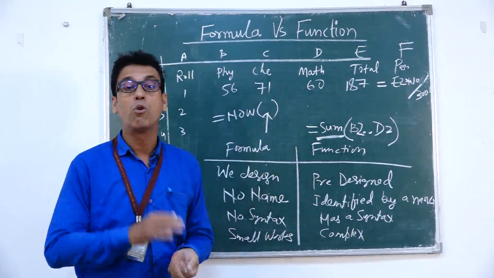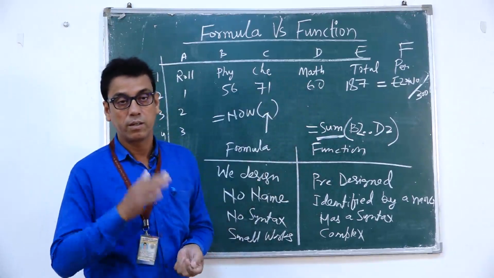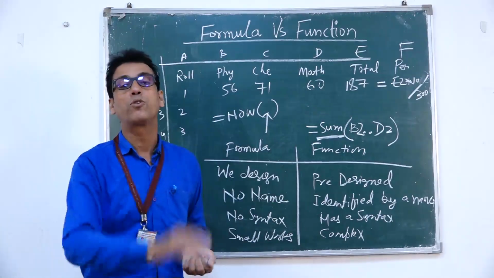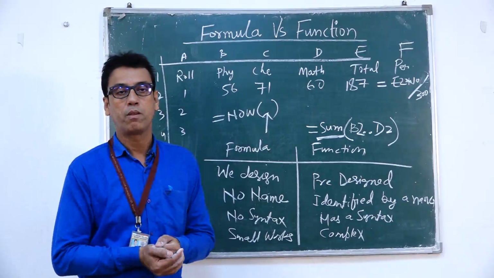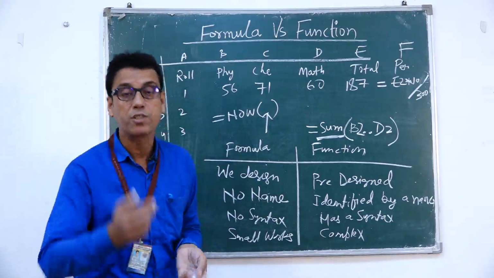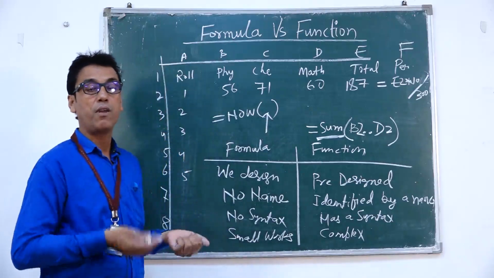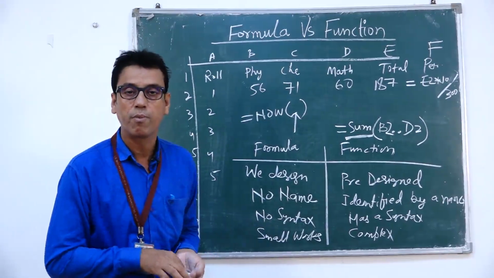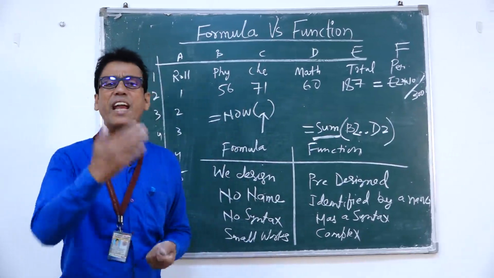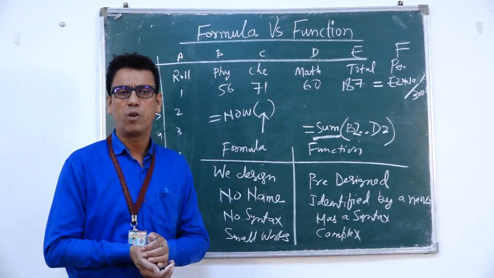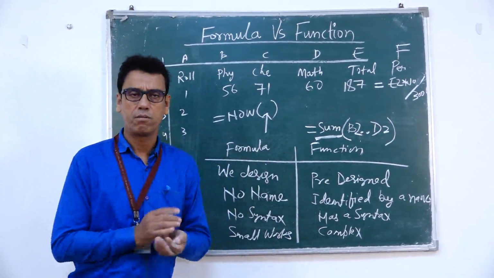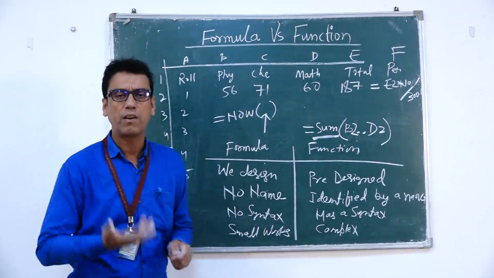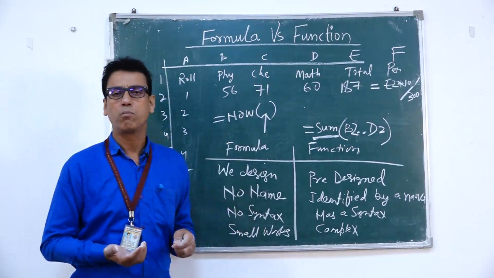But in most cases, a task done by a function won't be possible by formula. For example, we have IF, which is used to perform a task on the basis of a condition. We have the NOW function, the DATE function, the TIME function, the WEEKDAY function. We have hundreds of functions available, which makes our Excel very powerful.